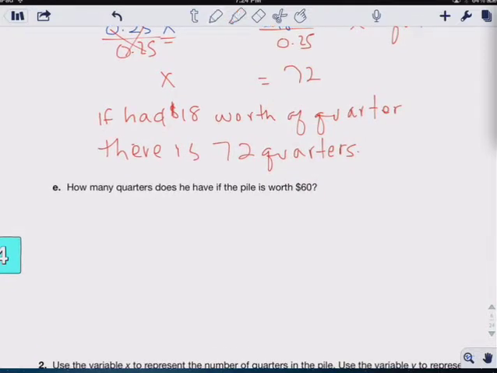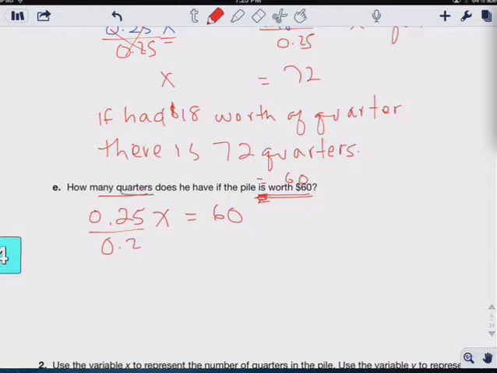Worth $60, okay? If the pile's worth $60, they're all quarters, so they're 25 cents per quarter. We don't know how many quarters there are. We put an X, and it all adds up to $60. Is equal, same as total, 60. If you ever forget anything, annotate is equal 60 and then work that way.